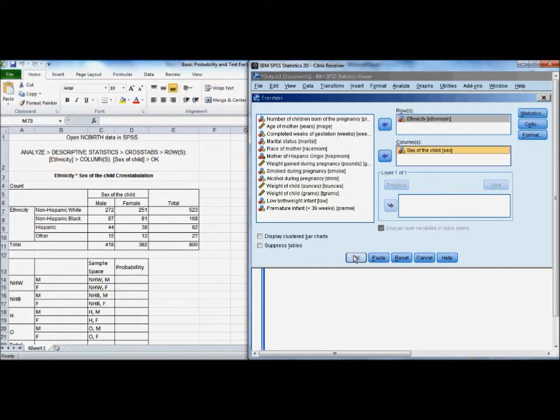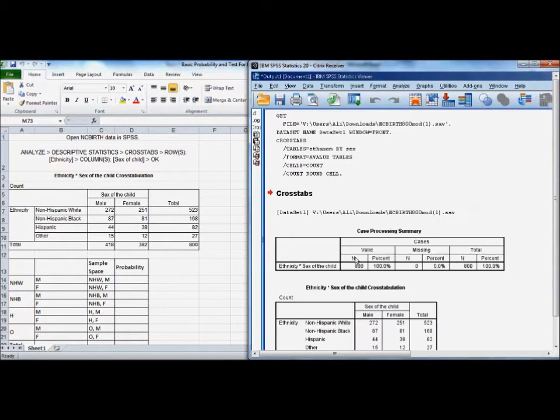Remember, we're working again with the NC birth data, so we've worked with this before. There's a description of this data set in the previous lab. This is a random sample of 800 mothers who gave birth in North Carolina, 2001, I believe.